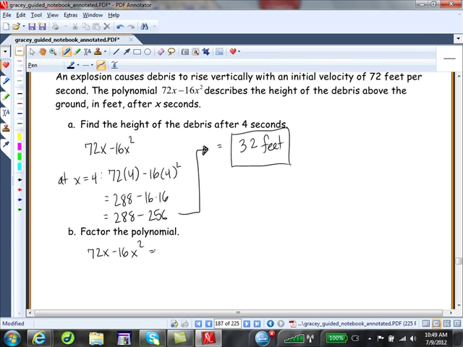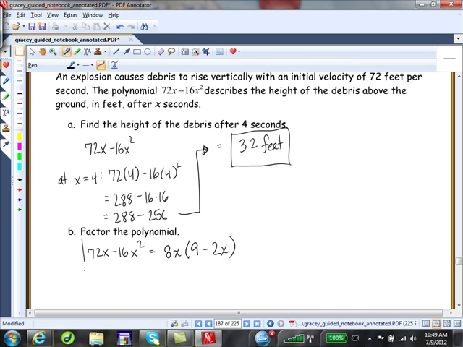So we've got an 8, and then x to the 1 is the smallest degree of the common variable. So 8x times 9 gives us 72x, and then minus 2x, so 2x times 8x is 16x squared. So this is factored.